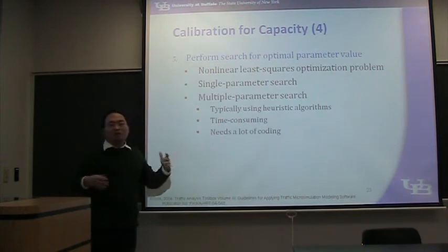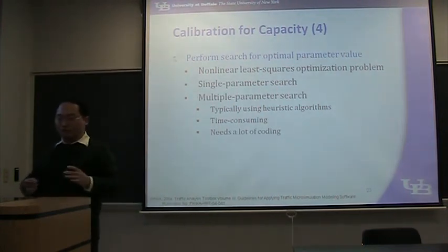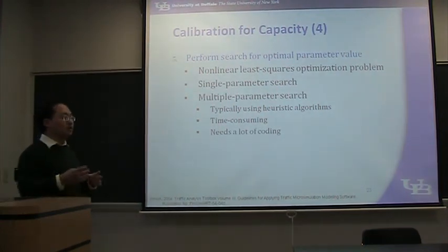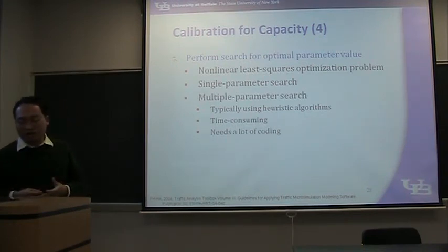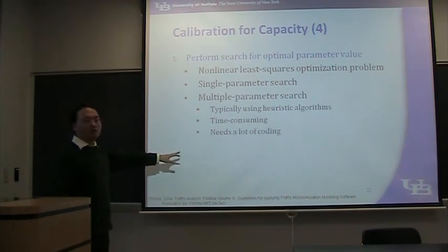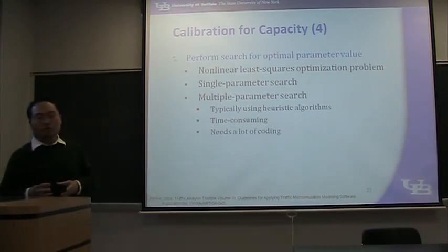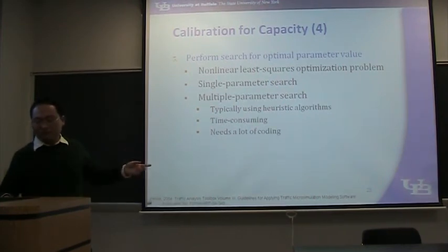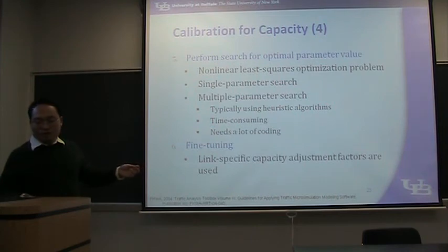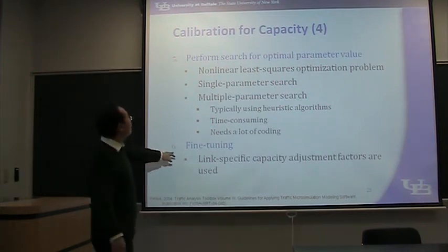But it's still time consuming, because heuristic algorithms typically require you to run the model thousands of times at least. And you will need a lot of coding, so you have to use your own code to run the simulation model. So it's not very easy. Then the next step is called fine-tuning.